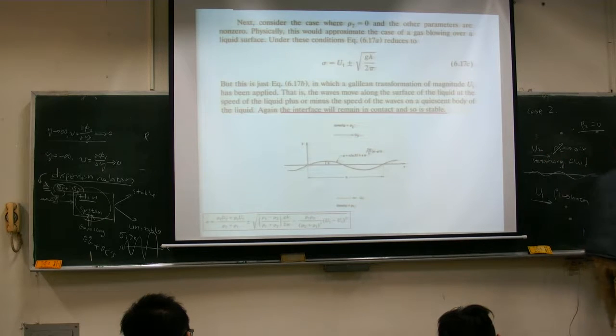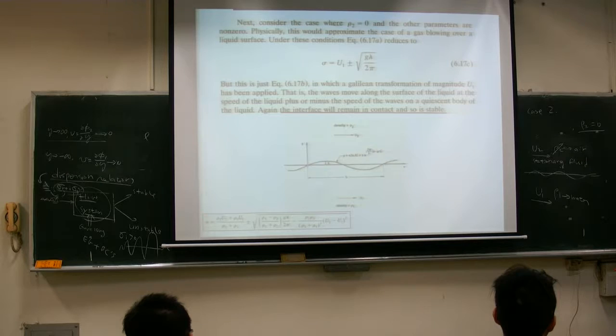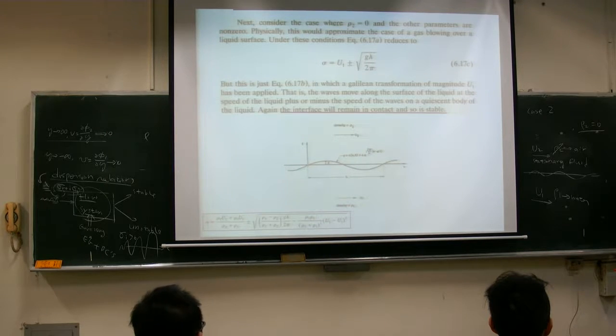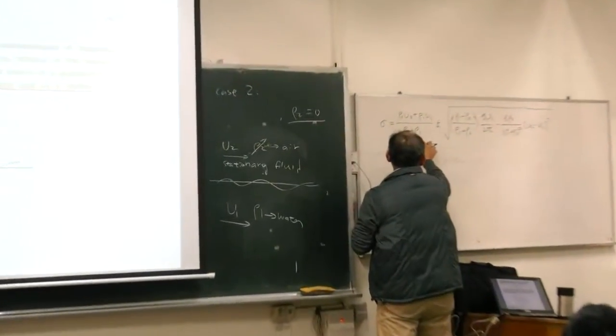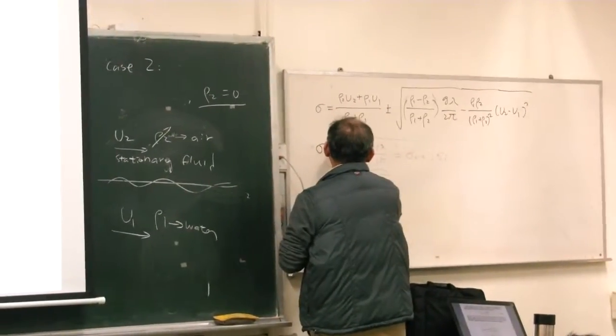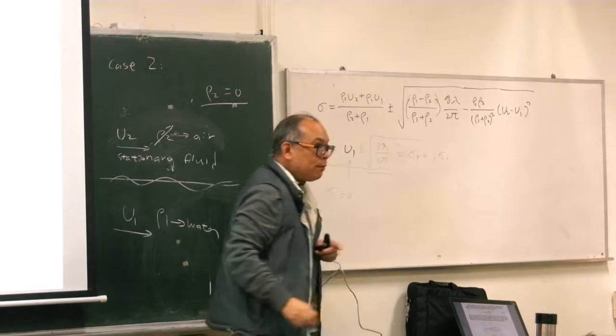Again, for case 2, rho 2 is equal to 0, so this becomes rho 1 U divided by rho 1, which is U1 only.